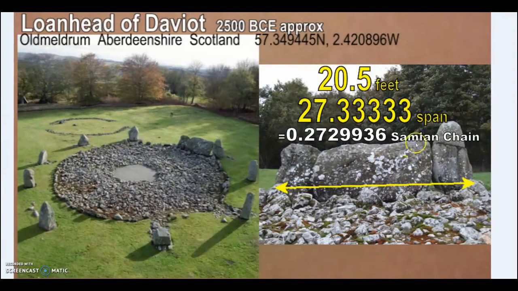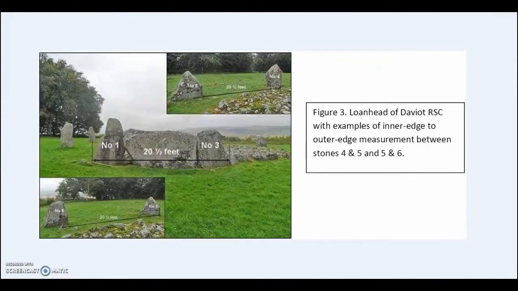And that just so happens to convert. Remember I mentioned Doric and Samian earlier, and we'll come back to more. Well, on the Samian scale, that's one Samian chain, 27.3, within such a small margin of error. So again, that's something worth considering, and we'll get more into that. Why those numbers are so important.